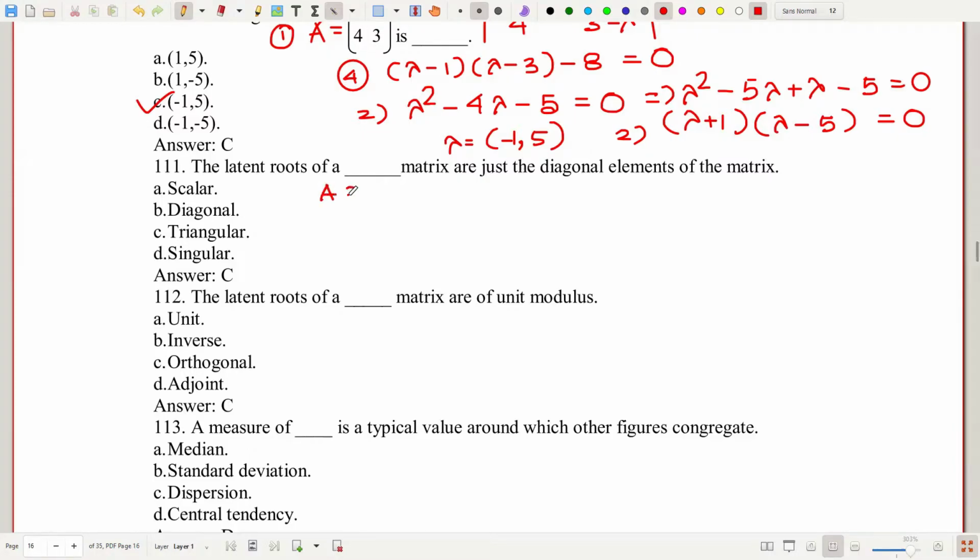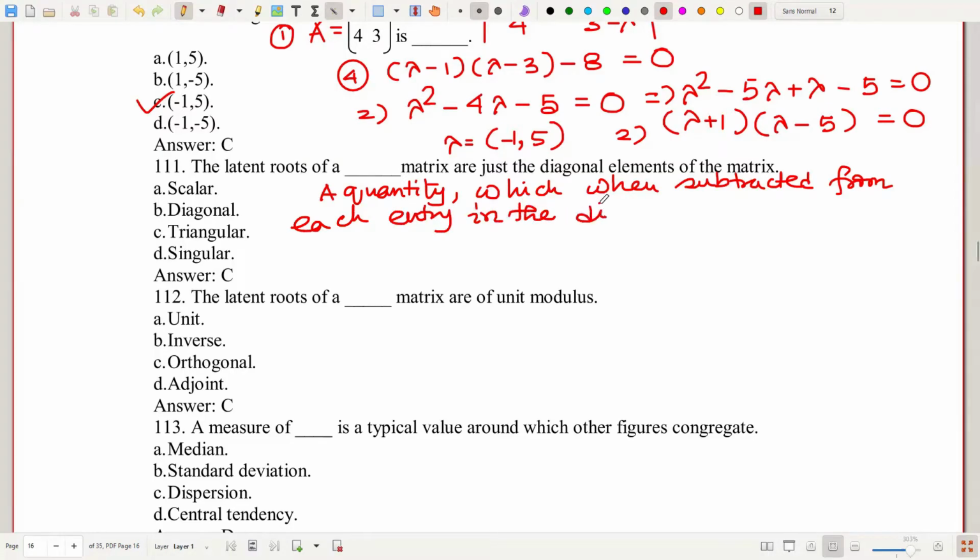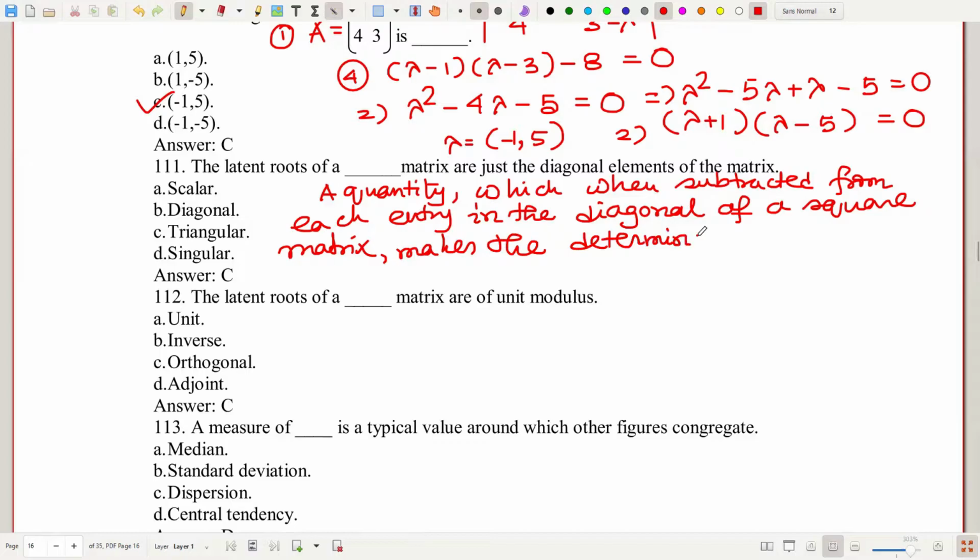Latent root means a quantity which, when subtracted from each entry in the diagonal of a square matrix, makes the determinant of the resulting matrix equal to 0.